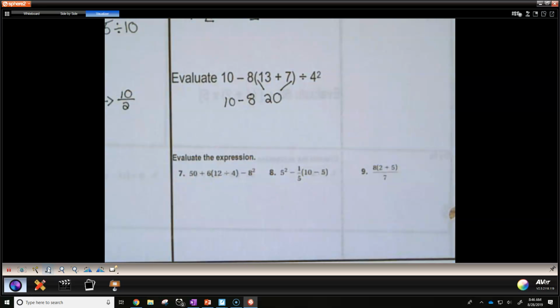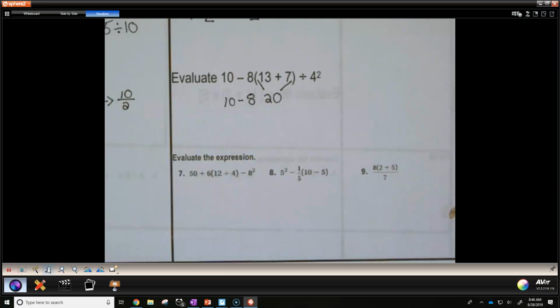Now hold on, there's no symbol. They didn't have addition or subtraction or multiplying or dividing signs. So does that mean I just put the 8 and this is 10 minus 820? What does it mean if they put a number right outside the parentheses signs?